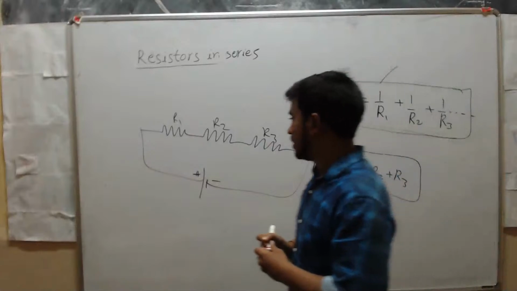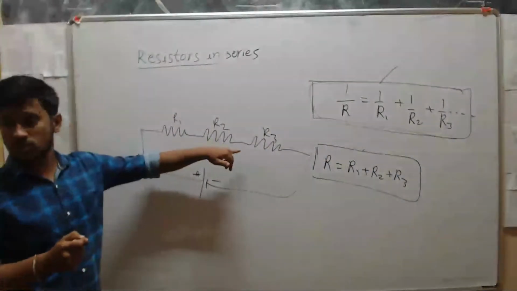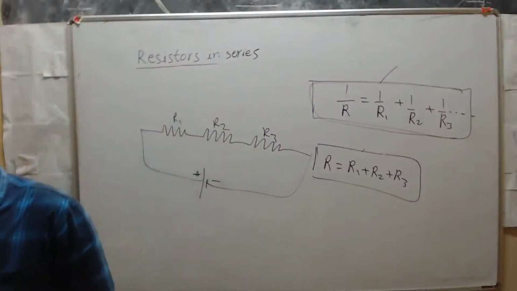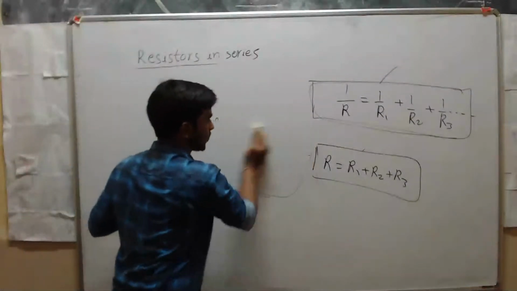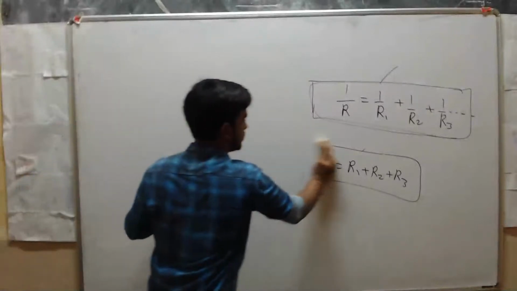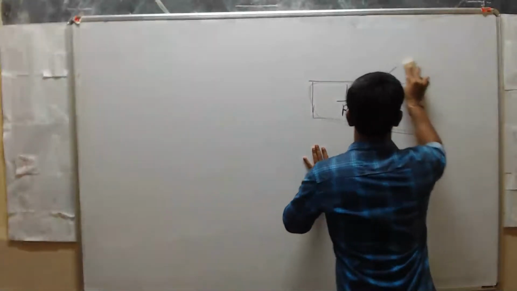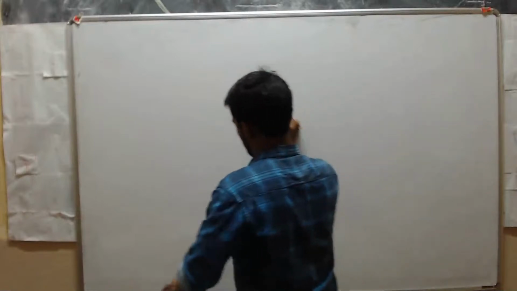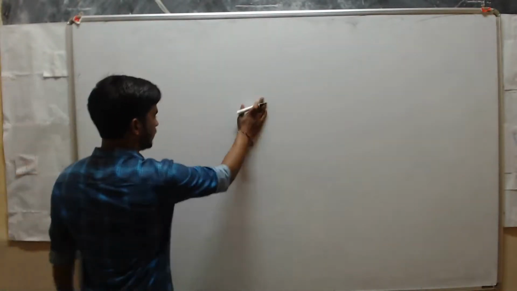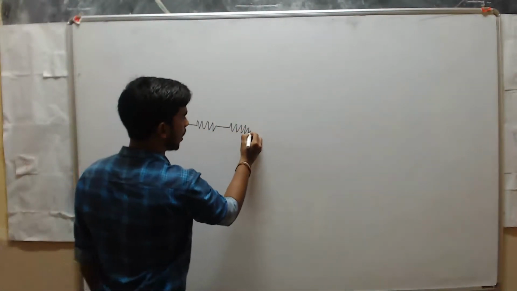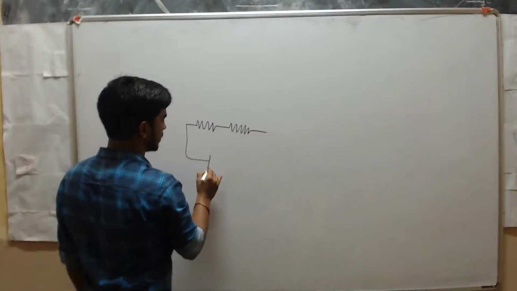Now see here. When you are calculating total resistance, what are you doing? Here also you are making these three resistors as one resistor. Now these two resistors are in series.